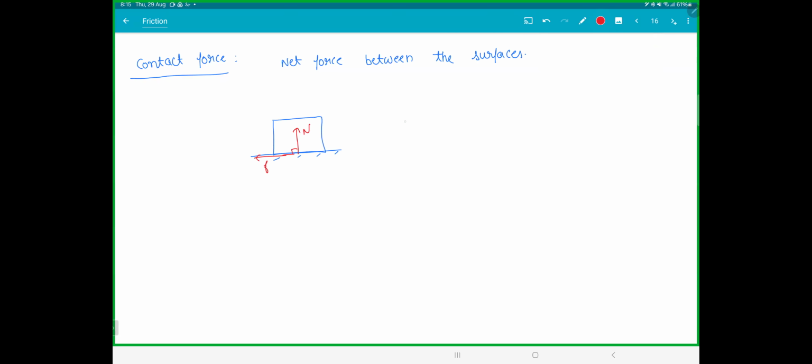Both are perpendicular. So if they say find contact force, indirectly they are asking to find root over N square plus F square. Just keep that in mind. Friction is different, normal reaction is different, and contact force is different. Contact force is a resultant of N and F.